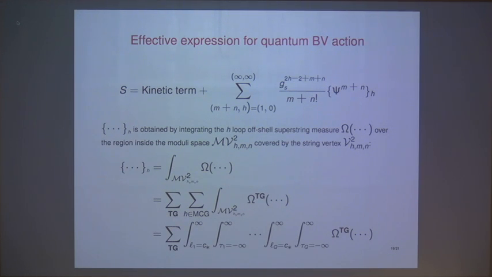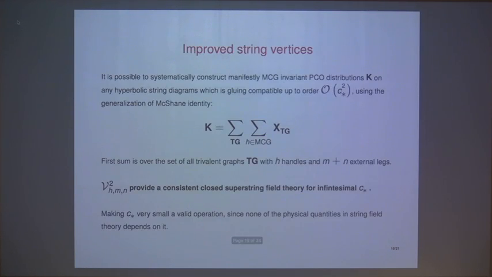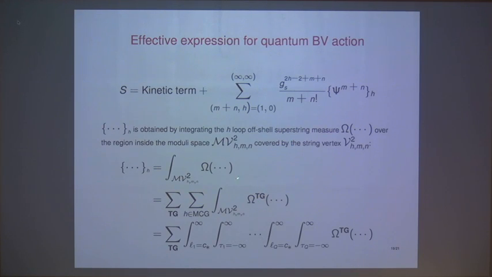Since we are using a specific PCO distribution of this form, the superstring measure becomes an object associated with a trivalent graph, and then we sum over all possible MCG transformations, and then sum over all possible trivalent graphs. Here, you can combine the sum over all MCG with the integration that you perform on a region inside the moduli space.